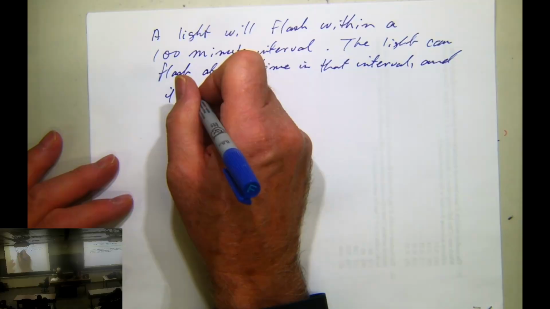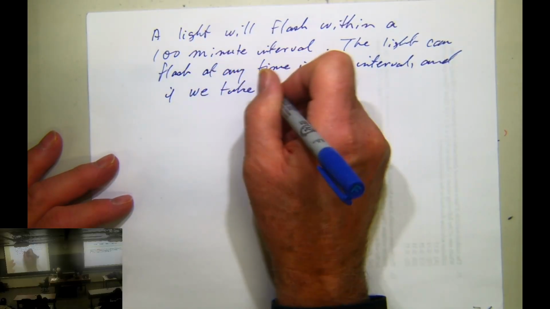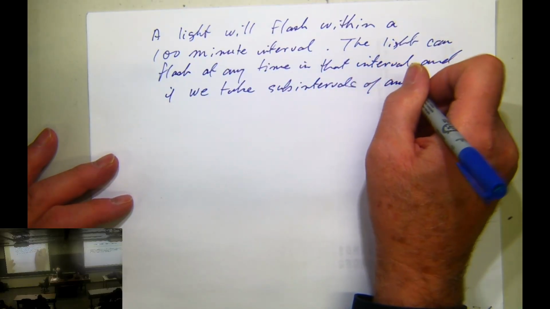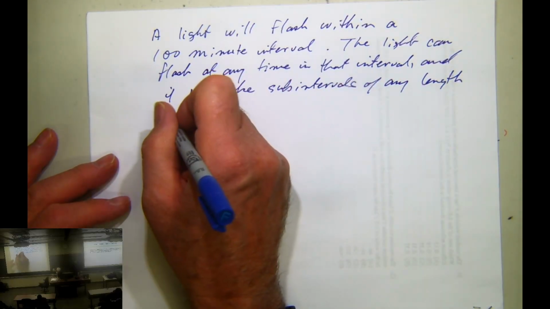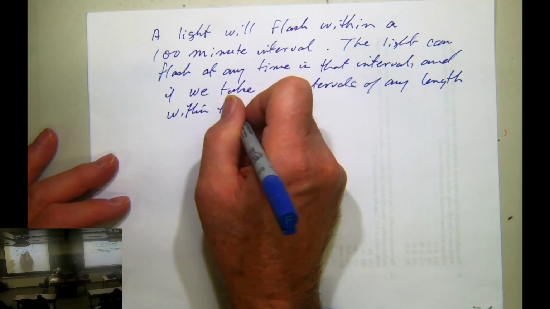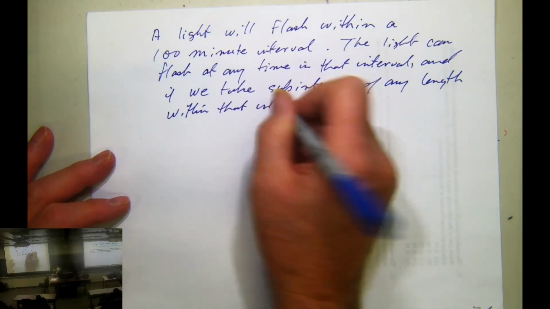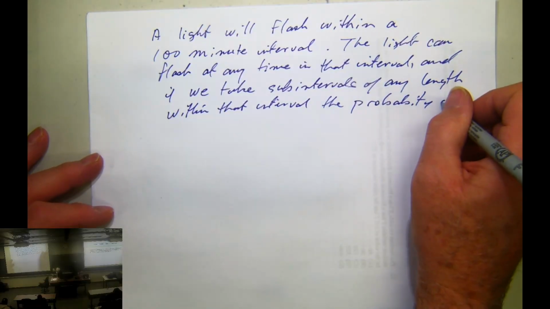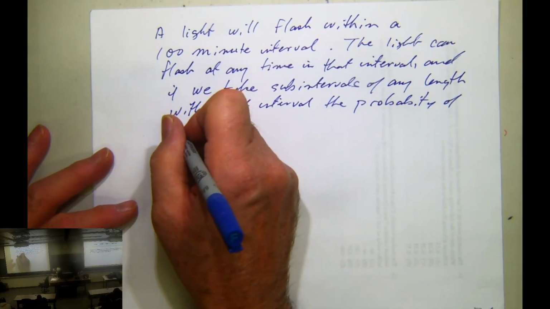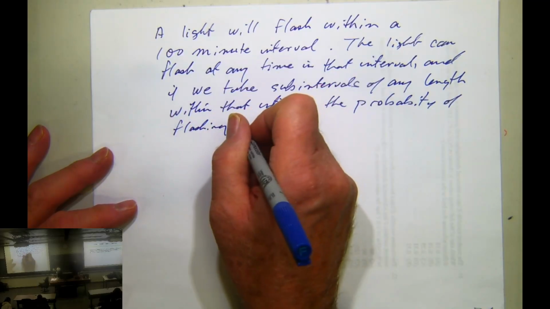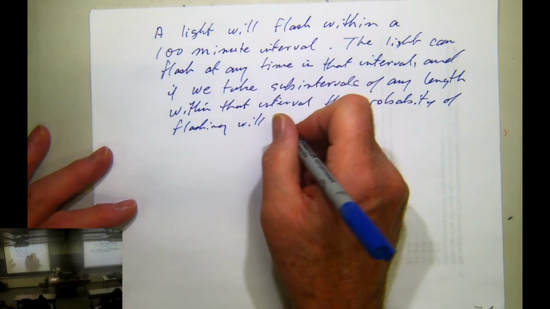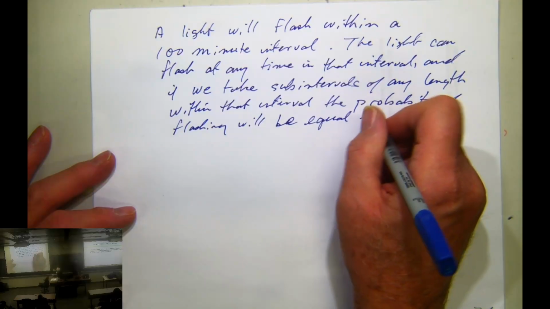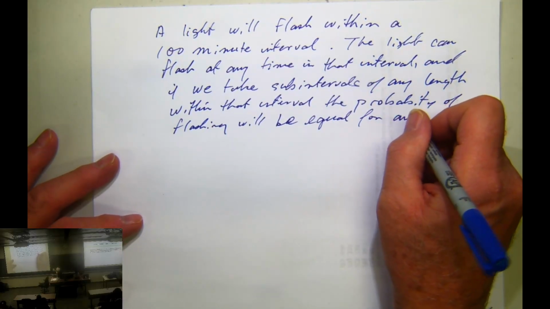If we take subintervals of any length within that interval, the probability of flashing will be equal for any subinterval of that length.